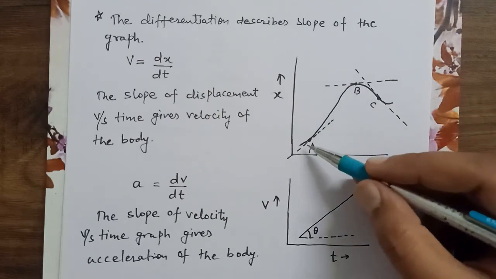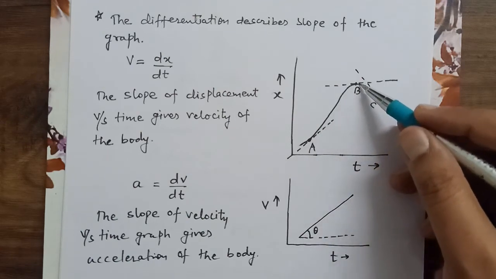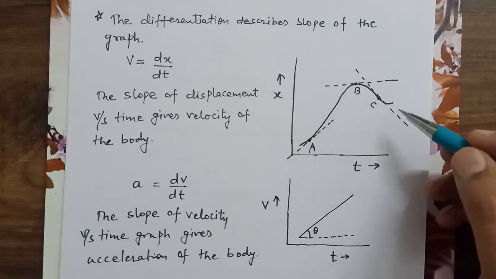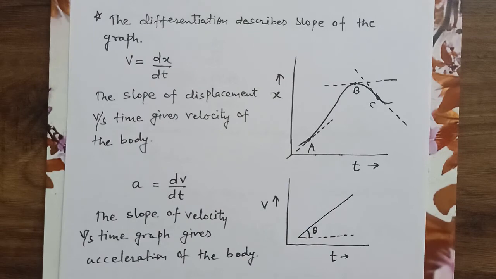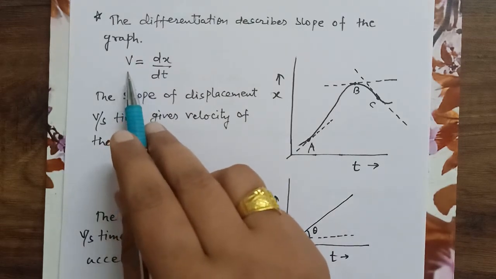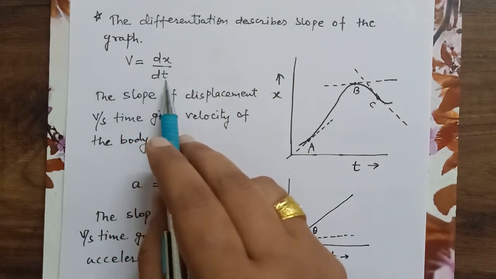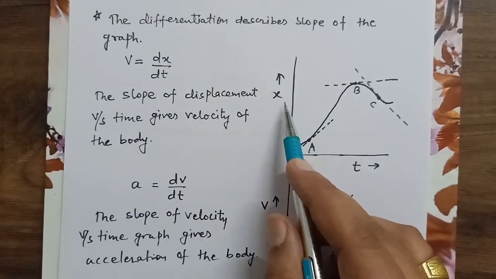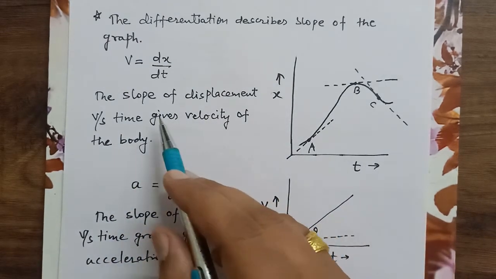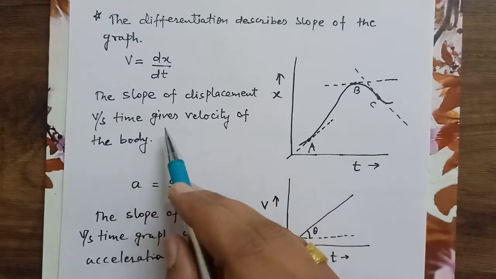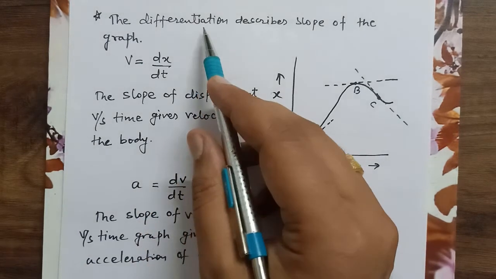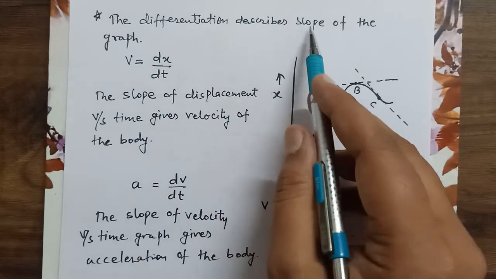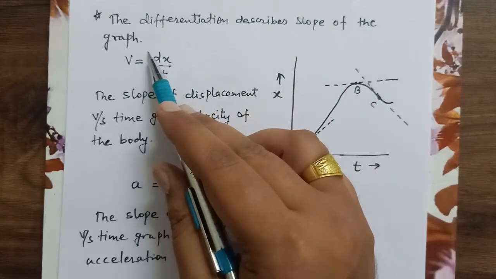It means the displacement is initially increasing and then decreasing. The v expression is dx by dt, and the slope of this displacement versus time graph will give us the velocity of the body. That is, differentiation describes the slope of the graph.